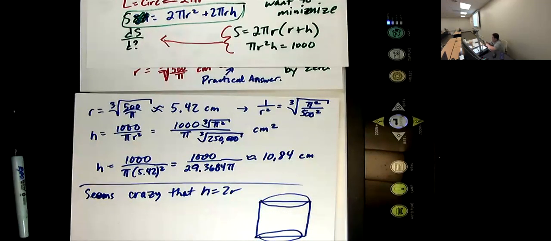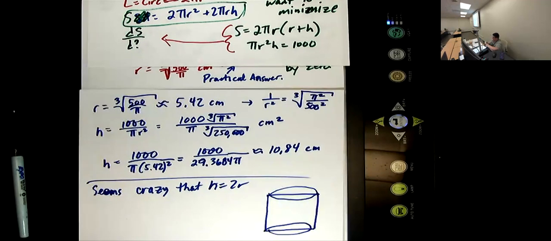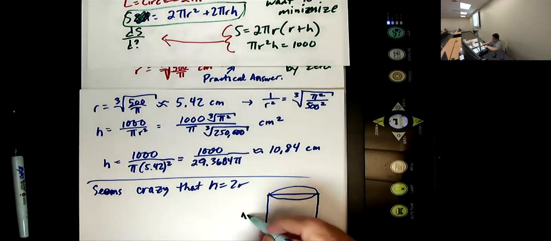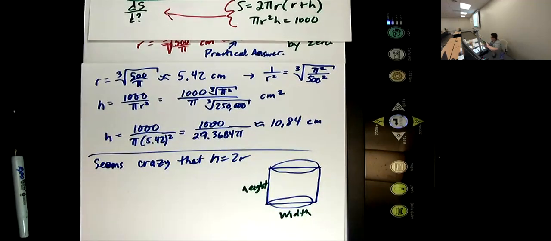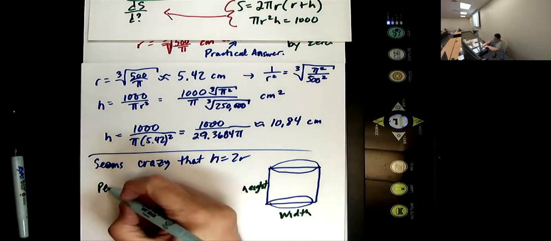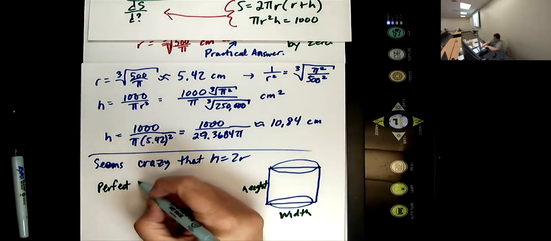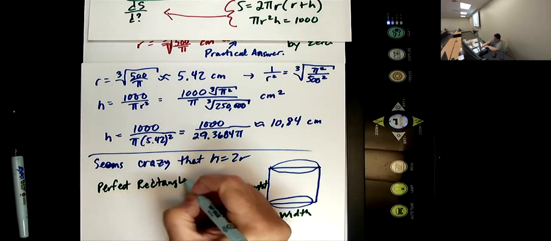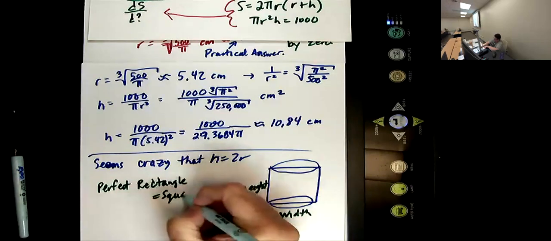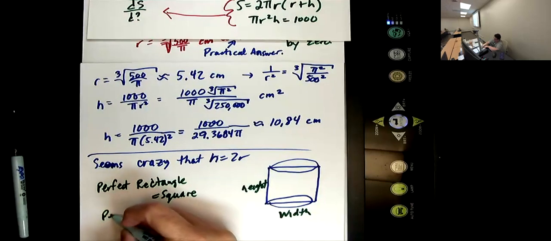So the width of our can is the same as the height of our can. You're going to find this happens a lot. The perfect rectangle is going to be a square. The perfect box is a cube.